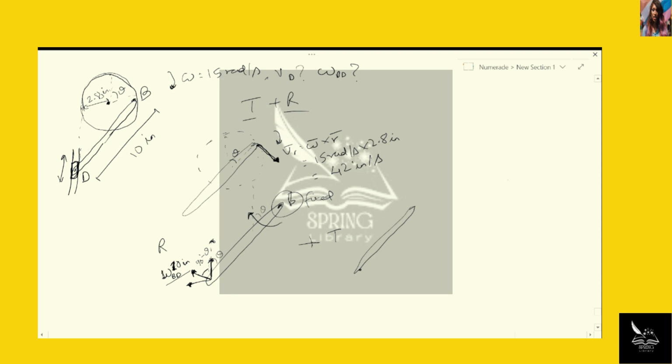So the translational velocity, now from this figure we can figure out that it's going to point along this direction. Let's call it Vt, and by definition of rigid body it's the same for all the points. So even at point B, now we have the velocity Vt, and so this Vt is coming from this velocity.